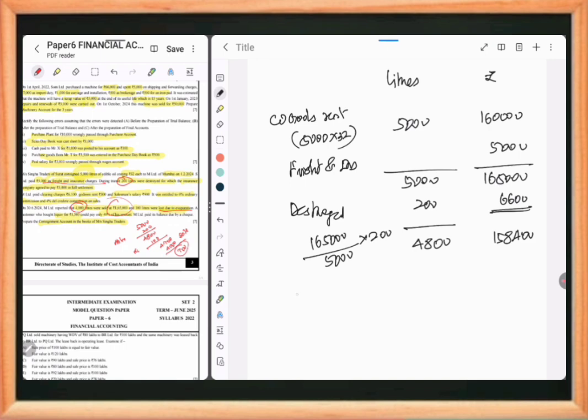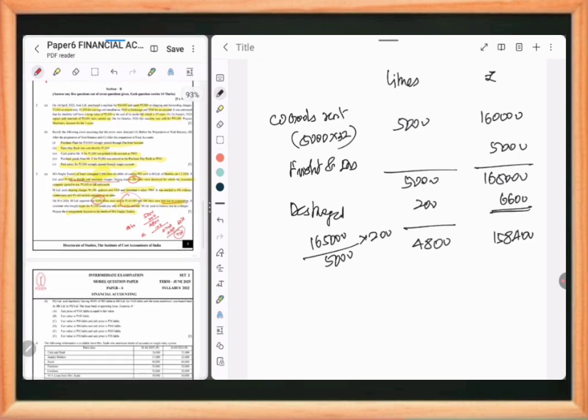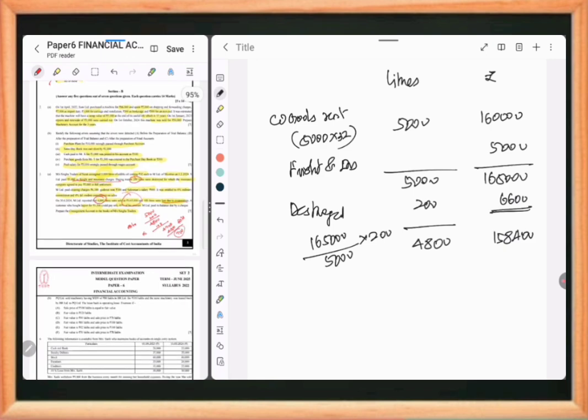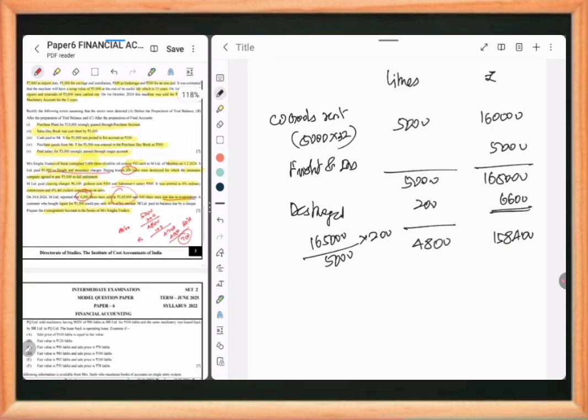And then the consignee's expenditure. What is the expenditure? Only non-recurring expenditure will be taken into account. Here there are three types of expenditure: clearing charges 6,100, godown rent, and salary. Godown rent and salary we should not take into account for calculation of closing stock.